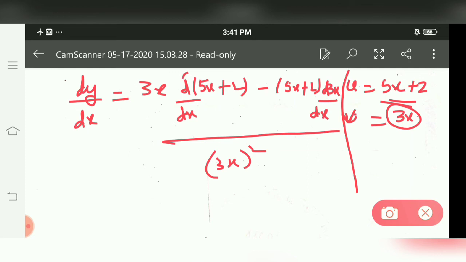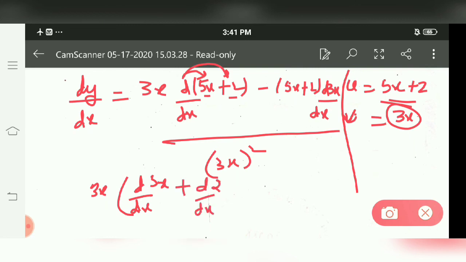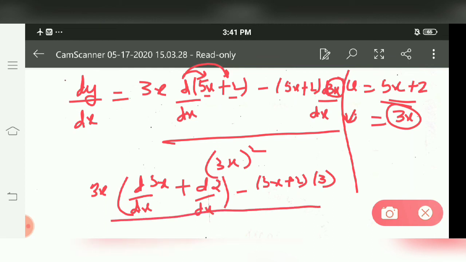Now again applying linear operation here, we get 3x into d by dx of 5x plus d by dx of 2, minus 5x plus 2, and the derivative of 3x is only 3, upon 3x square.